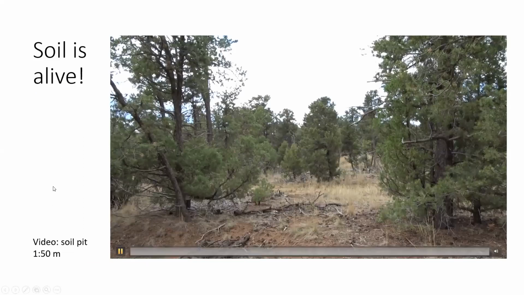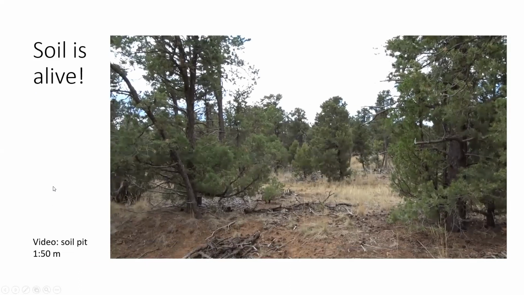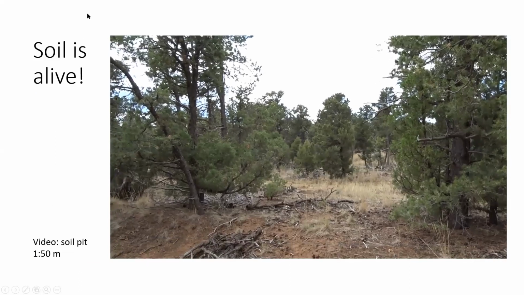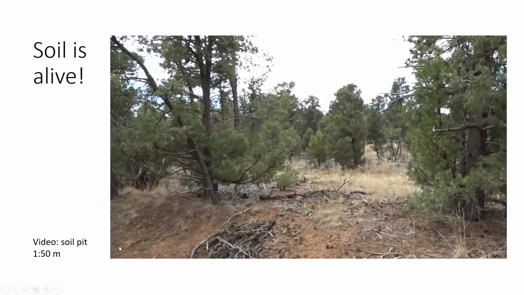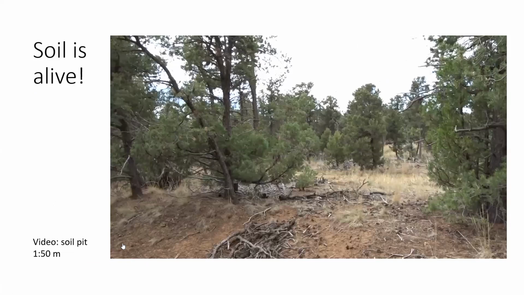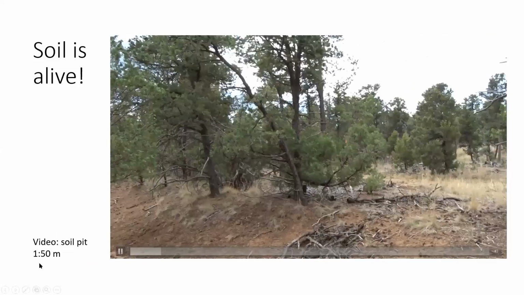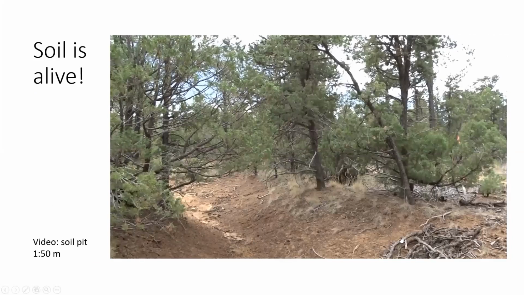Here on Glorieta Freedom Ranch, we're looking at soils in Pinon juniper woodland. In some locations, the soils become exposed as a result of little gullies that have formed in what probably were cattle trails.